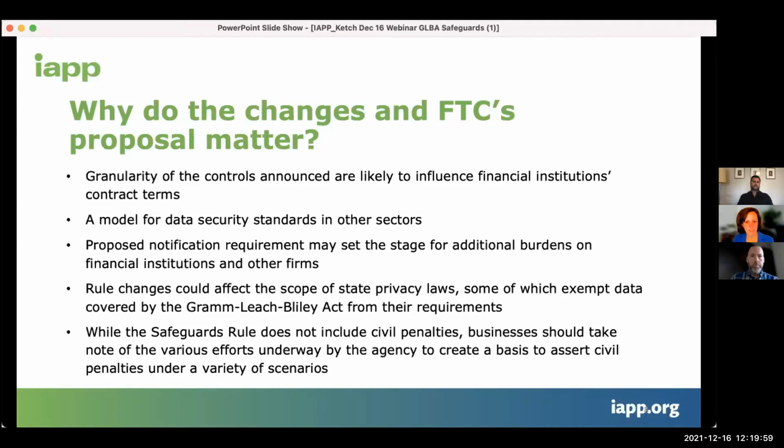In its statement of regulatory priorities just last week, the FTC took credit for this rulemaking, which in light of the timeline is interesting. I mean, certainly it came out this year. But there's a big focus on regulation from this FTC and this administration. So it's something that all of us in this space are taking a close look at.